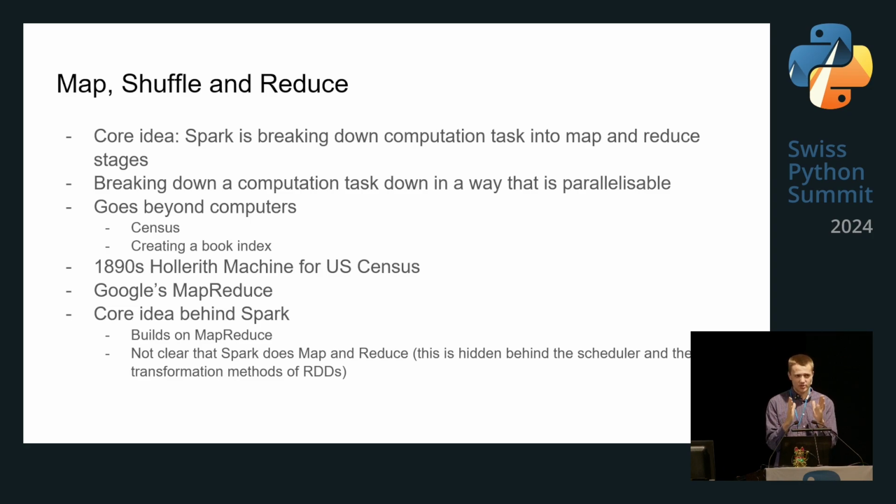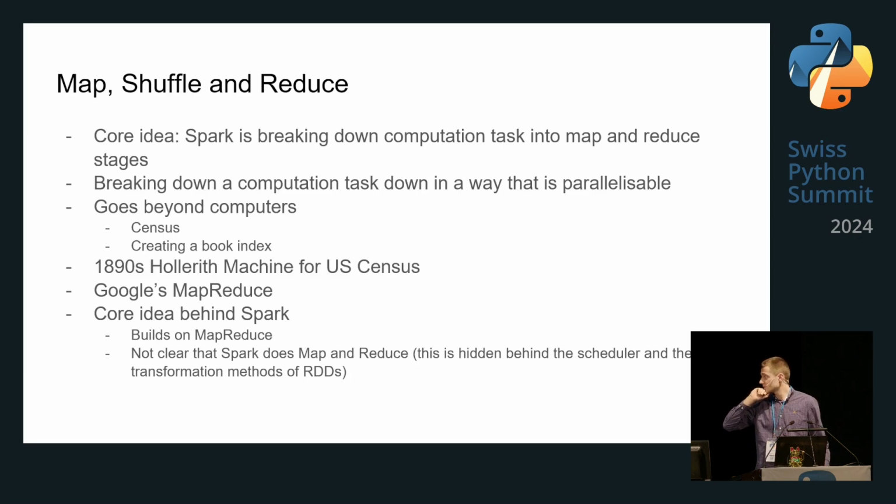The map stage there would be encoding each person's information on a punch card, and then you could feed that into a machine, and it would do the reduce step for you, combining all of these people's information to create the final census.